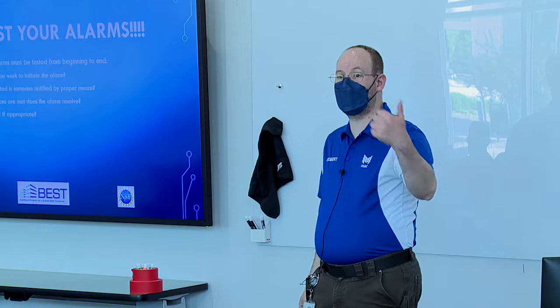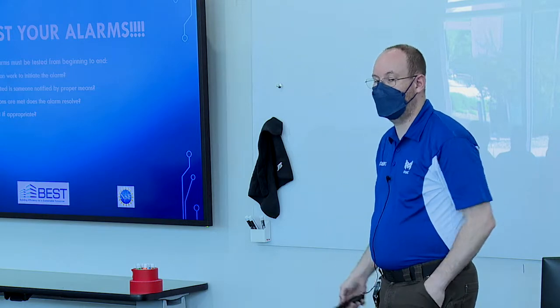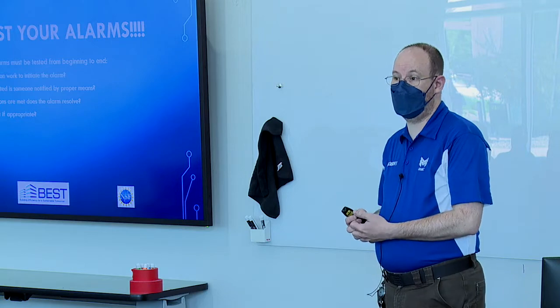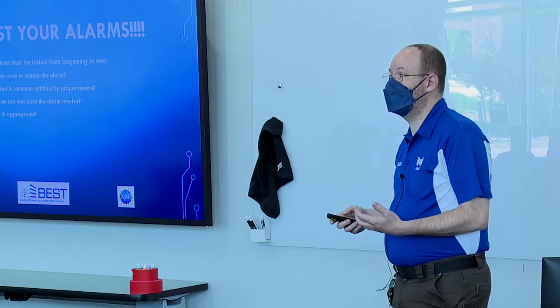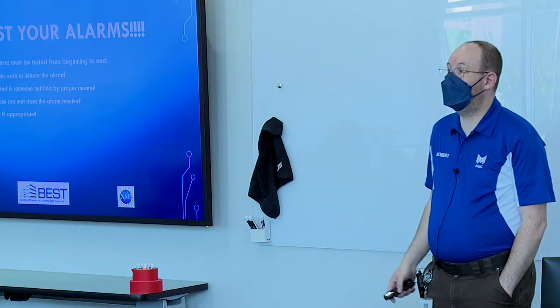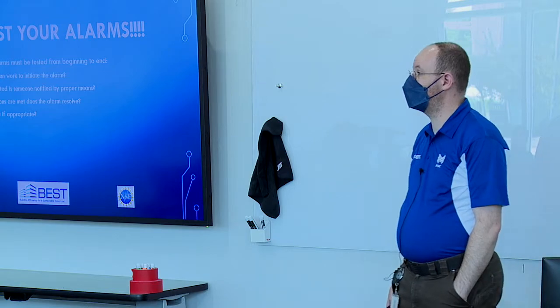When an alarm is initiated, does a notification get sent properly? Does it land where it needs to land? When you're creating new buildings, this can be a particularly challenging one to do sometimes because they may not know exactly where those alarms need to end up yet. But you test to the best of your ability in that situation.